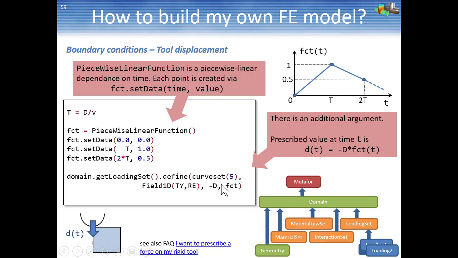And the final displacement at a given time is this function times d. So this product is a way to use several times the same function so that you can prescribe different displacements that are just the same, with a different factor.